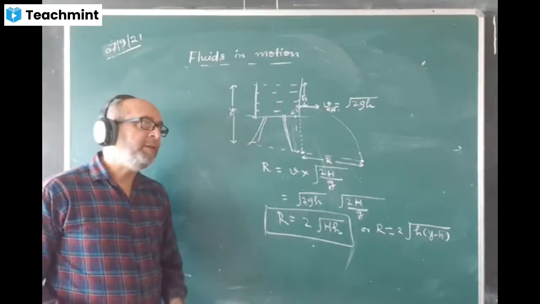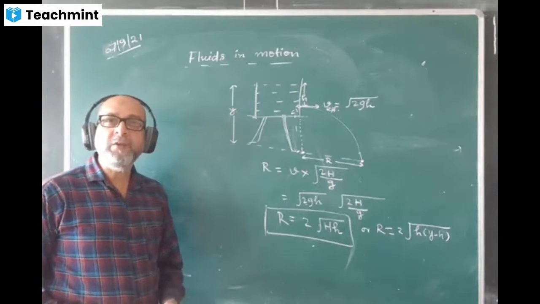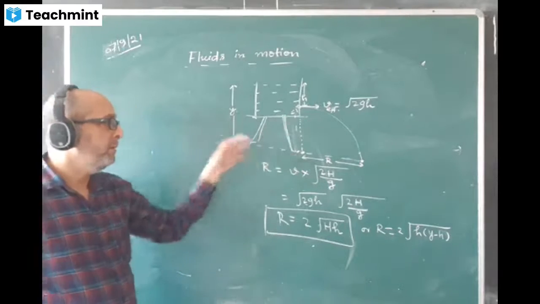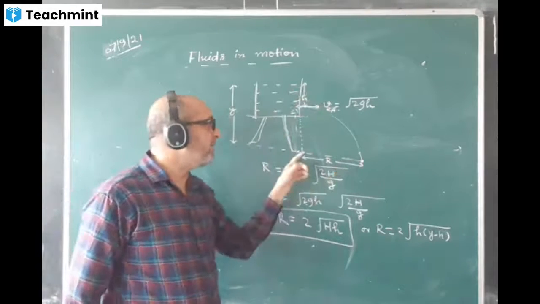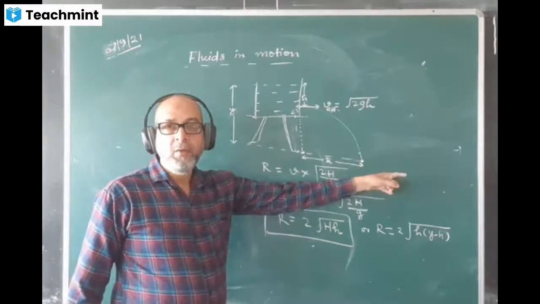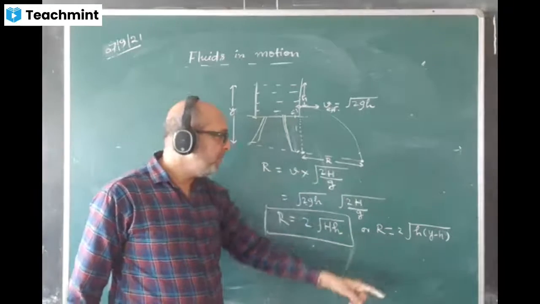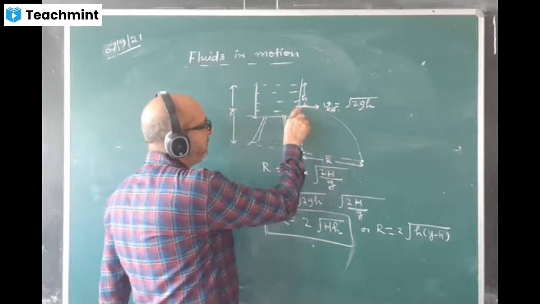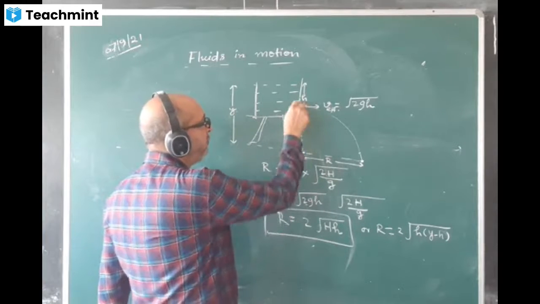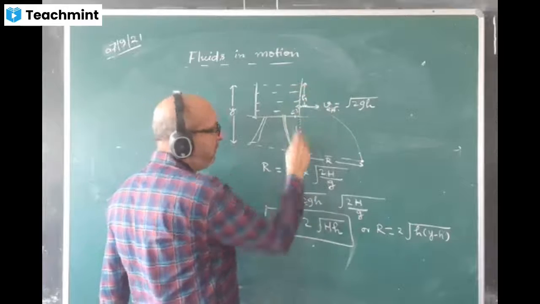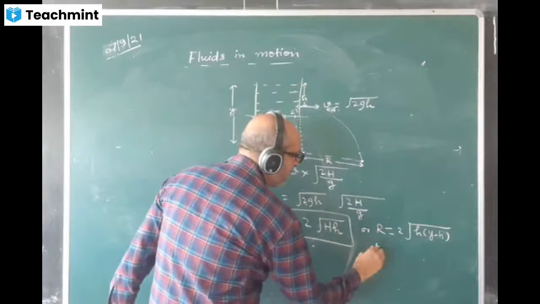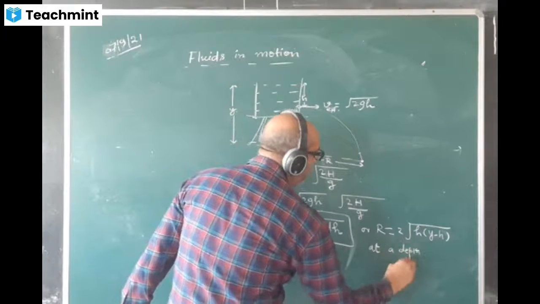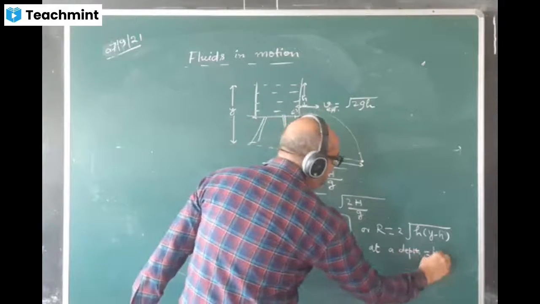And when we use calculus, a topic we will do in class 12, the liquid will strike the floor at the maximum distance only when this height is equal to half of this, at a depth of h by 2.